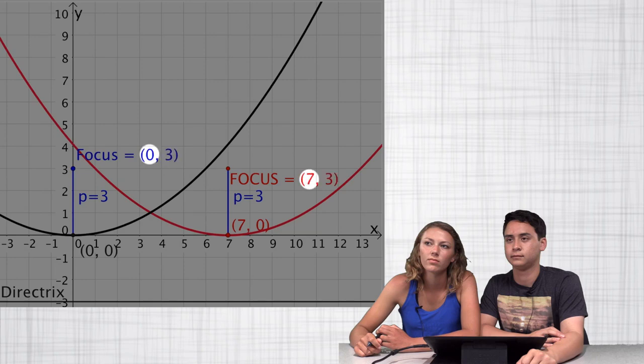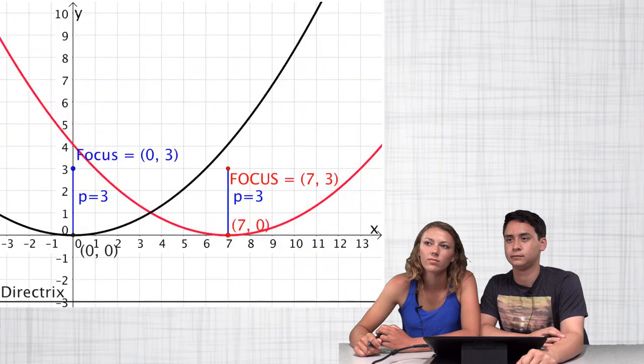It will be 7 instead of 0 because the focus was shifted to the right 7 units. Sasha and Keoni also figured out that the directrix is the same for both parabolas. That is because the directrix is 3 units from the vertex of both parabolas. In the next episode, Sasha and Keoni develop an equation for the translated parabola.